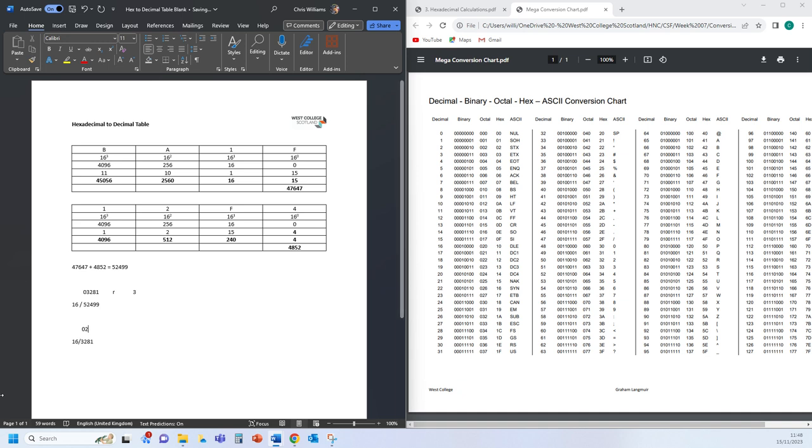So 16 into 8, we know that doesn't work, so we put a 0 and put the 8 with 1, giving it 81. 16 into 81 goes 5 times, with the remainder of 1.